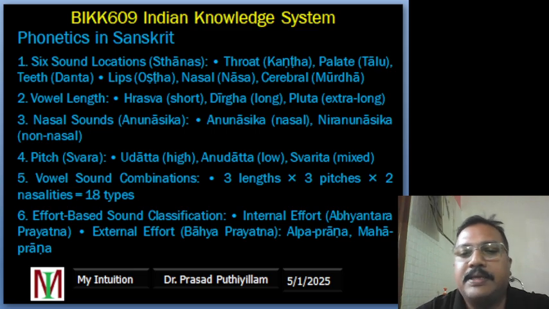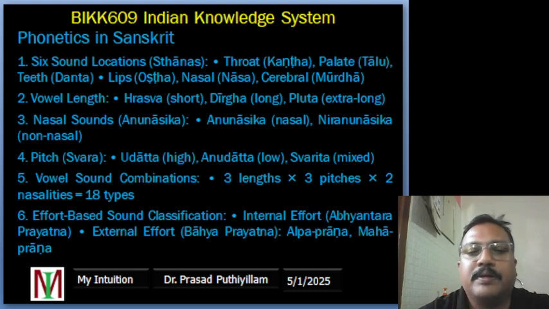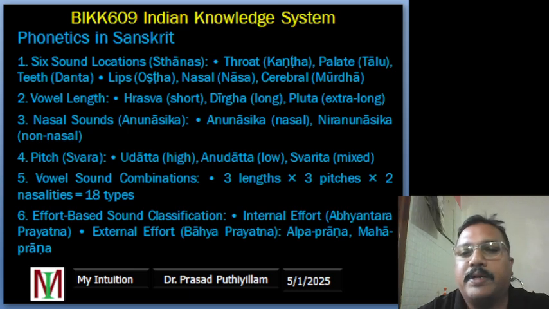Next we can see the vowels, the vowel lengths, or the temporal types. In Sanskrit, the vowels are categorized based on how long you hold the sound. Hrasva is a short vowel like a, lasting only one unit of time.